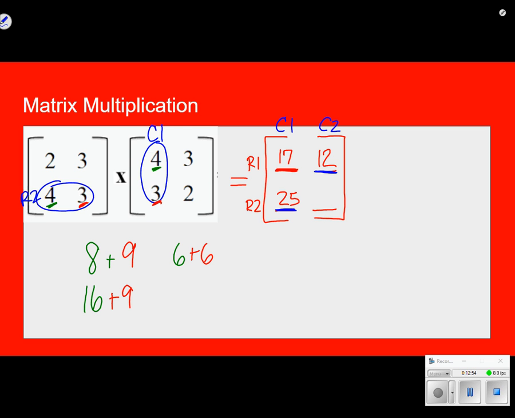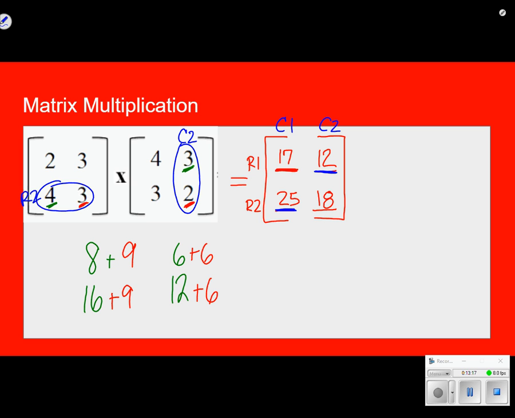And then I'll switch to column 2. We're going to do 4 times 3, which is 12, and then 3 times 2, which is 6. 12 plus 6 is 18. And that is the multiplication of those two matrices.